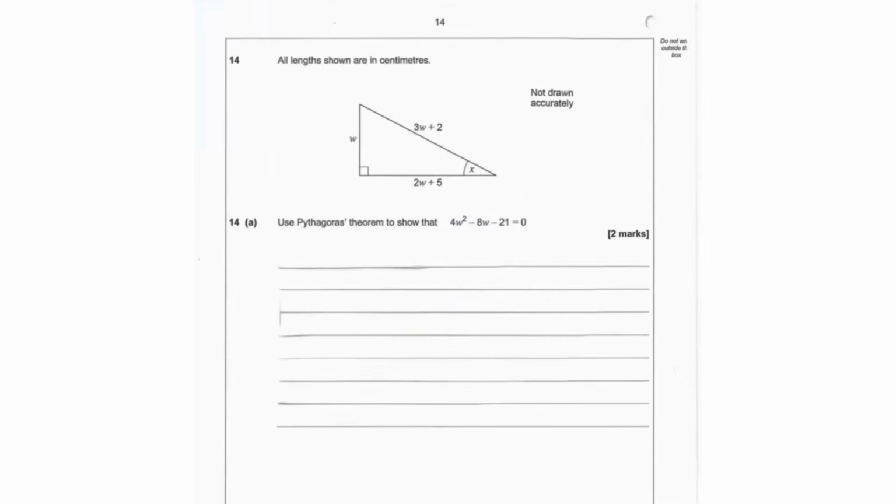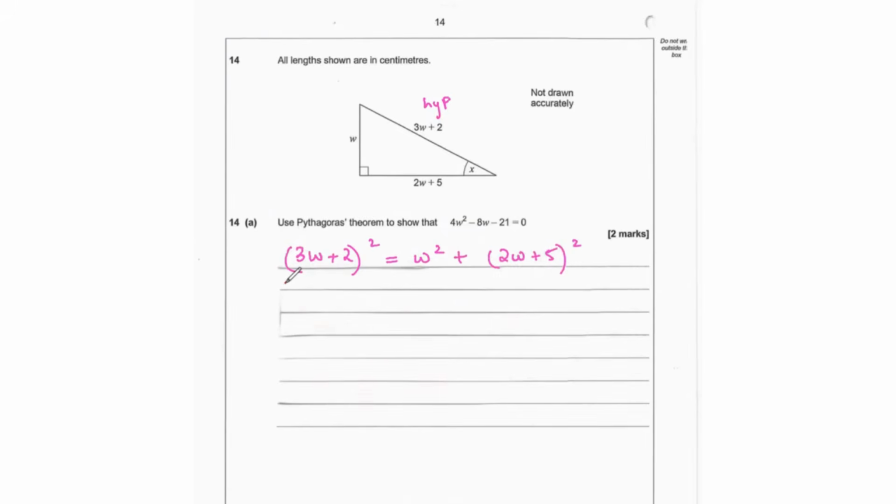Question 14 says all lengths shown are in centimeters. Use Pythagoras theorem to show that 4w squared minus 8w minus 21 equals 0. So according to Pythagoras, your hypotenuse squared equals the sum of the squares of the other two lengths. So 3w plus 2, which is your hypotenuse, squared equals w squared plus 2w plus 5 whole squared.